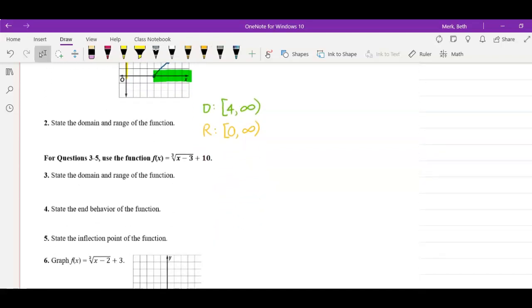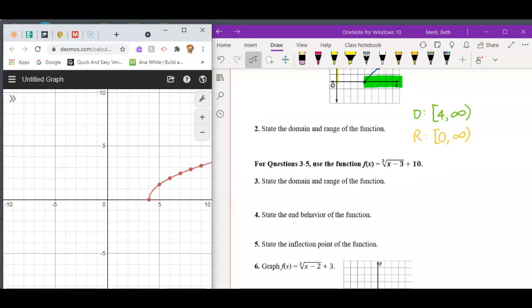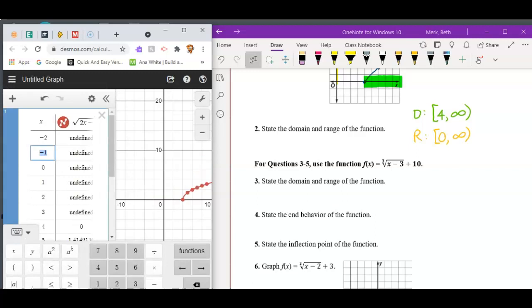Let's take a look at the next one. We have a different type of function. This one is a cubic function. So going back over to Desmos here, we want to type this new function in. I'm going to exit out of my old one.